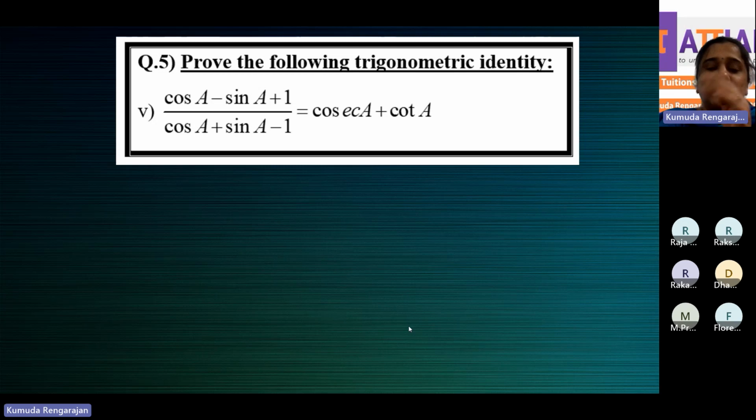Now, by which one to divide, you should take help from the RHS. The RHS has the ratios cosecant and cot.